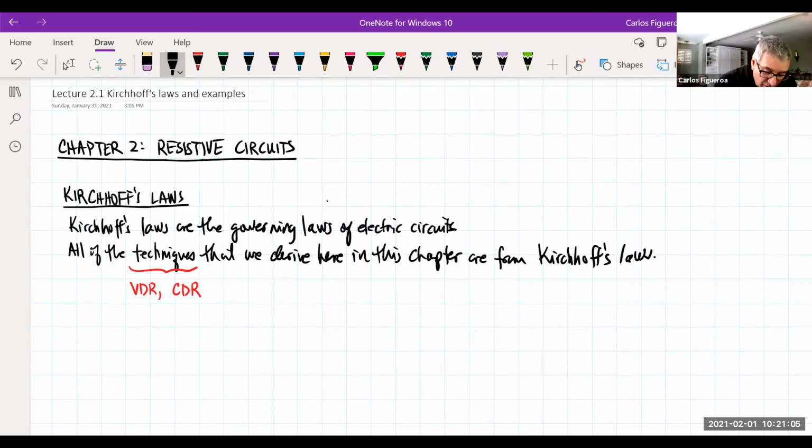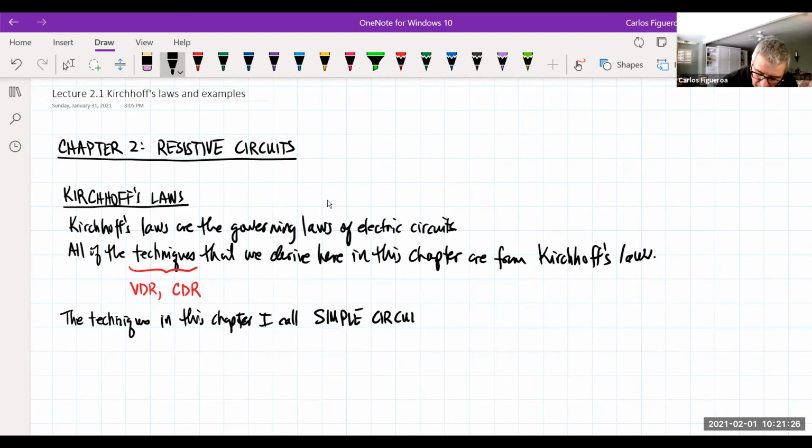Now, all of the techniques in this chapter I call simple circuits.